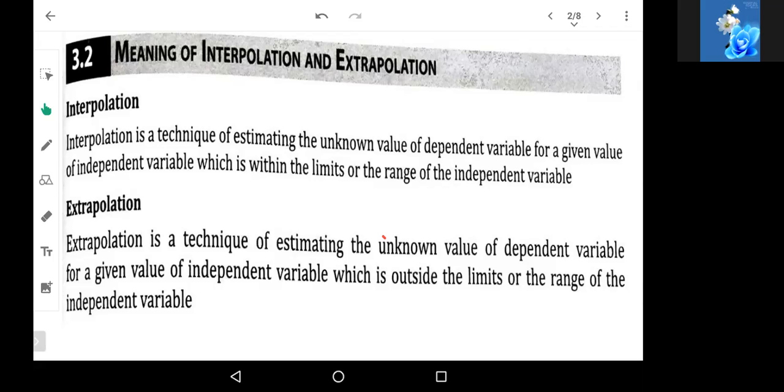Extrapolation is also a technique of estimating the unknown value, that is the dependent variable, by using outside limits. Here in extrapolation, we will be using the outside limits. In interpolation, whatever is given to us, that has to be used.